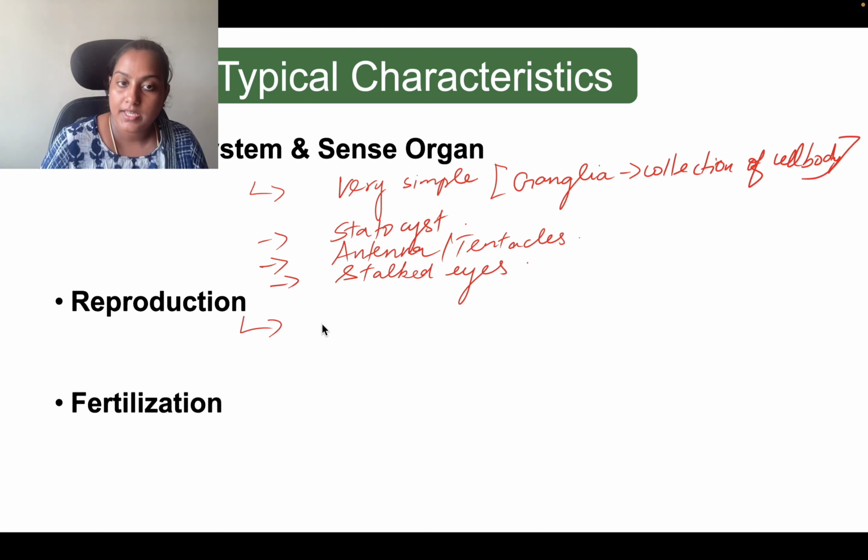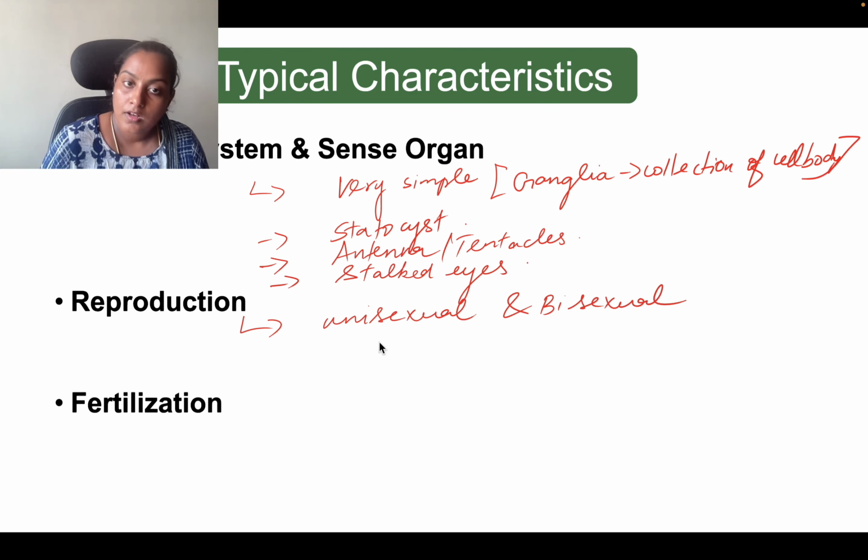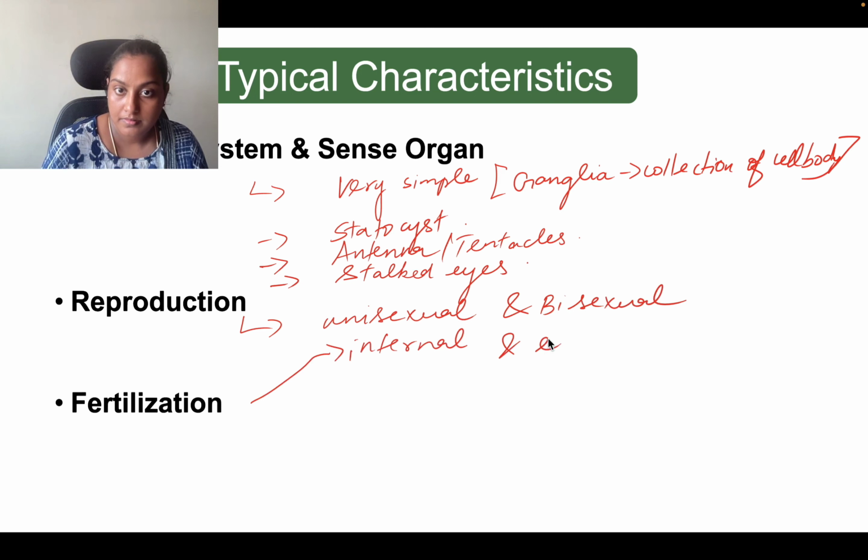Reproduction here, if you see, they can be both unisexual and bisexual, which means internal and external fertilization is observed. And if you see development, it can be direct and indirect.